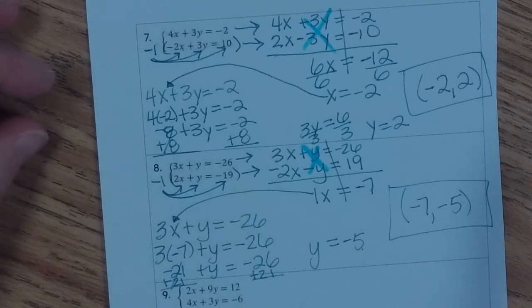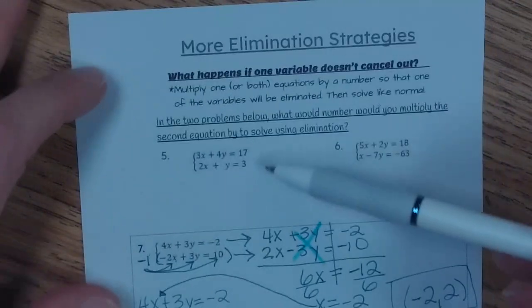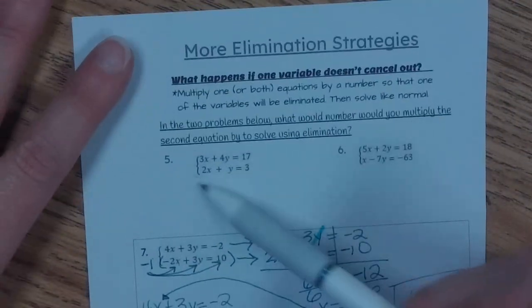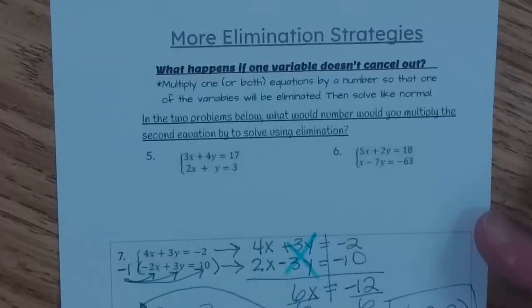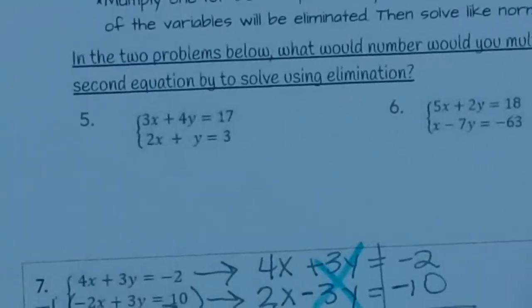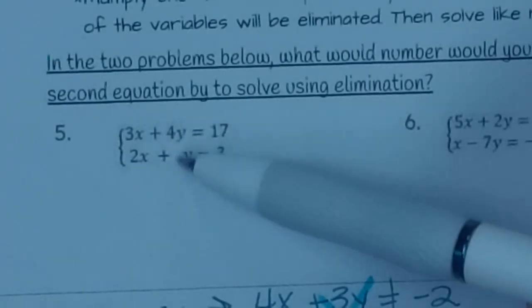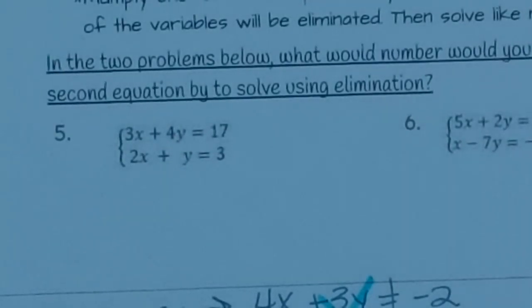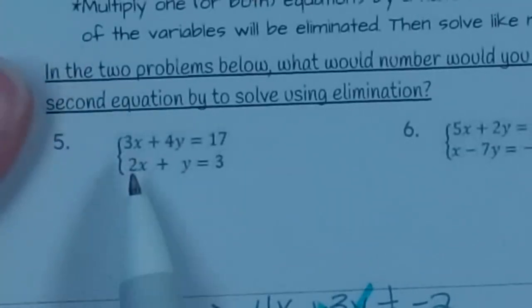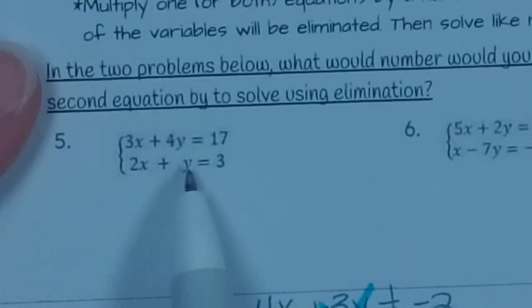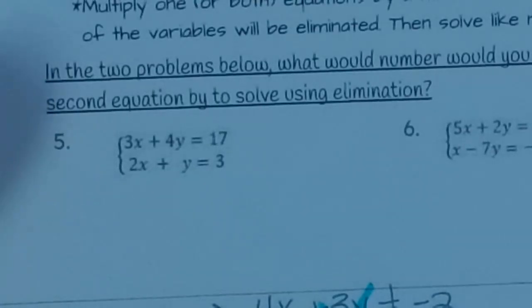So if I'm looking at, for instance, come back up here to number 5. If I'm looking at these equations right here, and I'll just make them a little bit bigger. I notice that my x's are not going to cancel out, and my y's are also not going to cancel out. And if I try to multiply by negative 1, that really just changes the signs of my x, my y, and my 3.